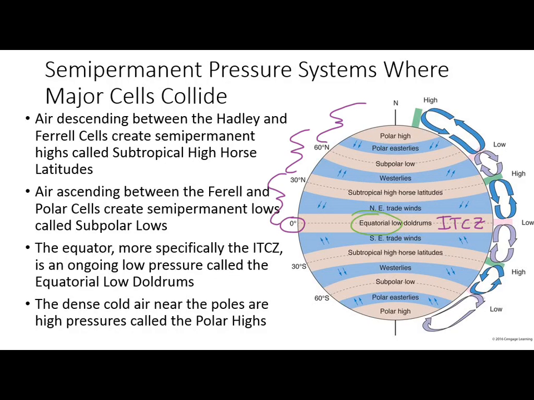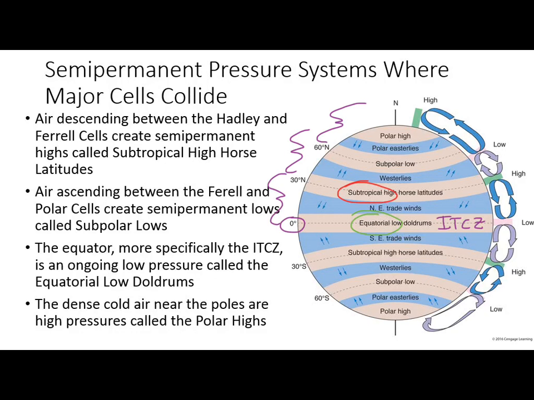That actually is the pressure belt, subtropical high, where at 30 degrees or so, the air is descending. A version of this definitely needs to make it to your test. I'm just saying. Subtropical high.